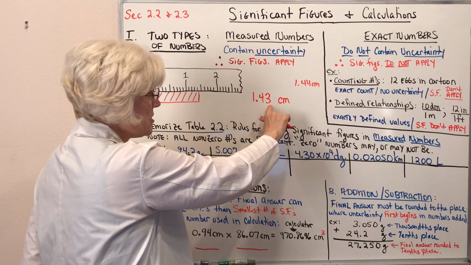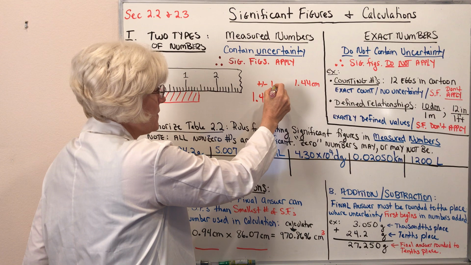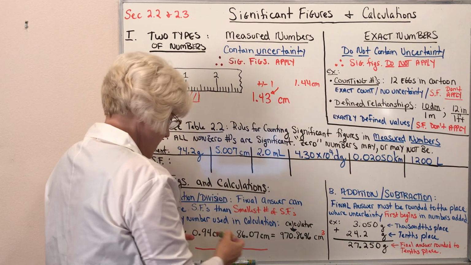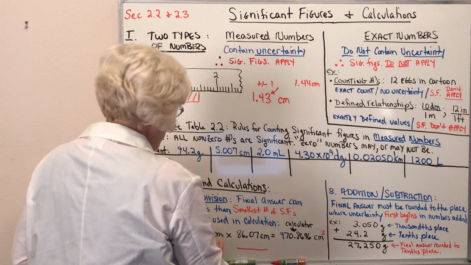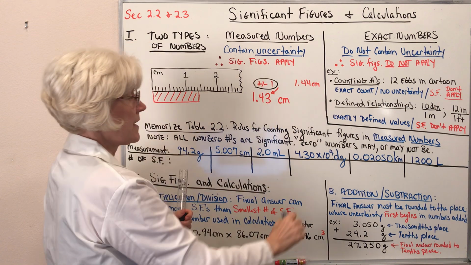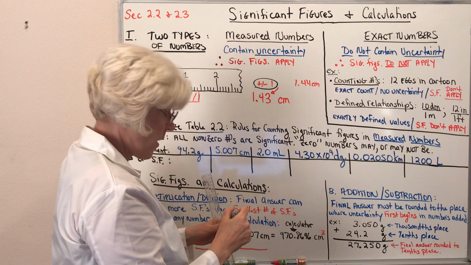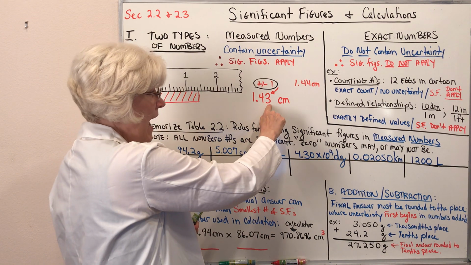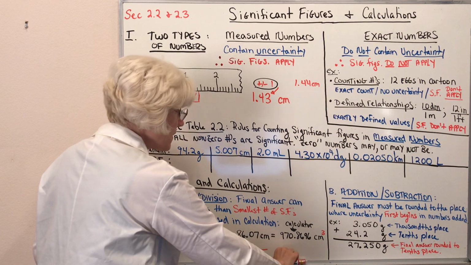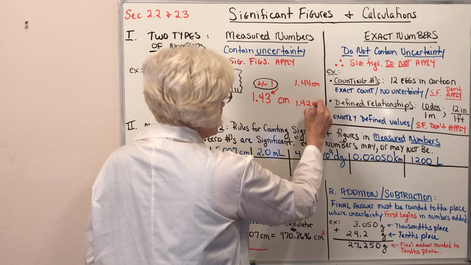So we generally understand it to be plus or minus 1 in the place of uncertainty, which in this instance is the hundredths place. Plus or minus 1 in the place of uncertainty means the true value could be anywhere from 1.44 centimeters, adding 1 to the uncertain 3 in the hundredths place, all the way down to 1.42 centimeters.